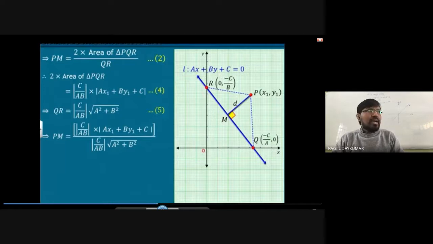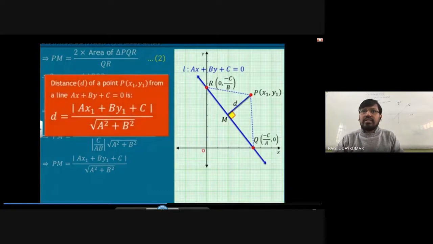The distance we get is the modulus of (ax1 + by1 + c) divided by the square root of (a square plus b square). It has to be in modulus because it is a distance. So this is the distance, a very important thing. Note it down and highlight it: the distance d of any point from the line, and the previous one is the proof.